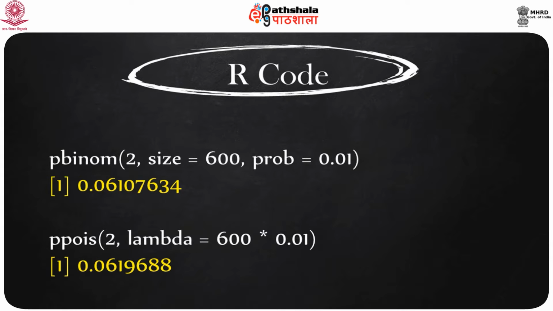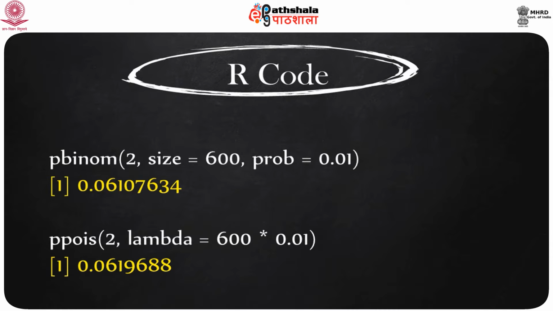Now, what we are doing is taking this n and p and multiplying them and using the product as lambda, since lambda is equal to np. But how will this lambda be used? This is the question here. We use it again to find the probability of less than or equal to 2 for a Poisson distribution.